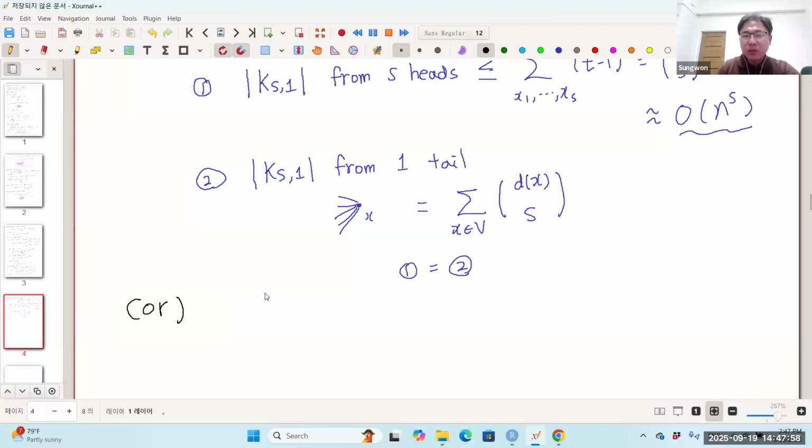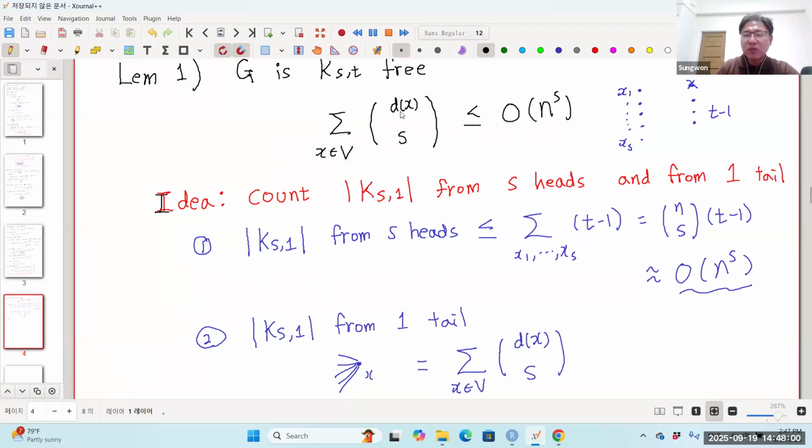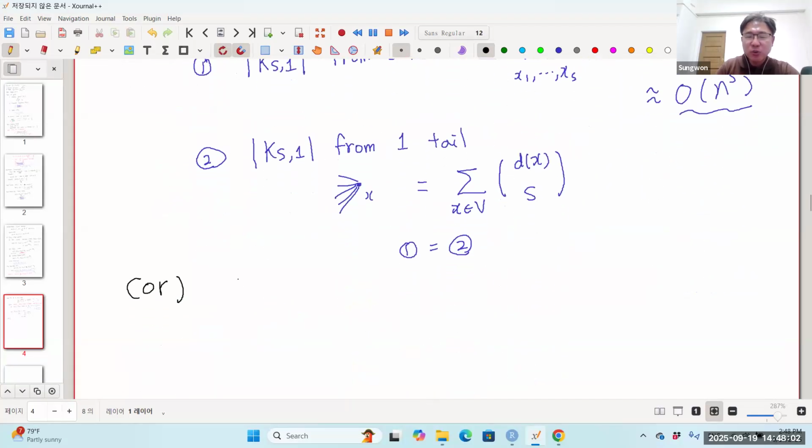With a little bit of modification, it's not hard to show that the sum over each vertex of the degree of x to the power of s is going to be less than or equal to the order of n to the s. Okay.